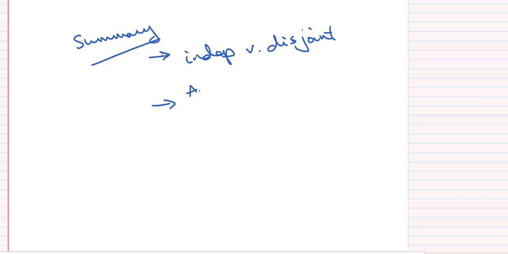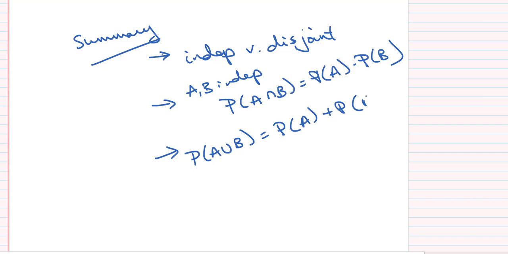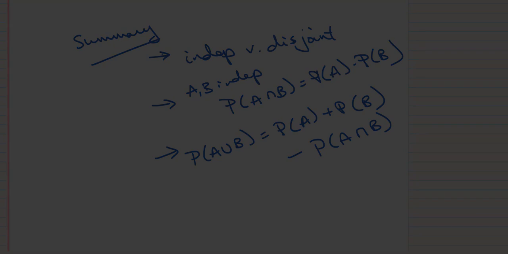If A, B are independent, then the probability of A intersect B is equal to the probability of A times the probability of B. And then, for any two events, the probability of A union B is equal to the probability of A plus the probability of B minus the probability of A intersect B.